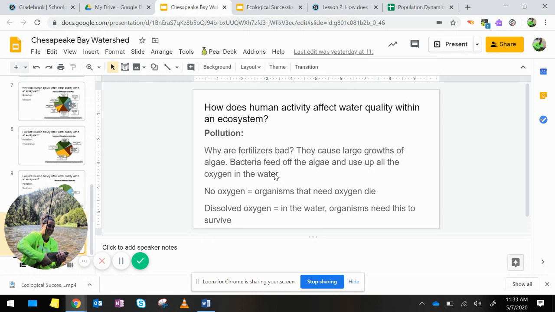So when we start looking at how human activity affects water quality within our ecosystem, we look at things that we are doing that affect our local watershed, which in turn would go into the Susquehanna, which in turn would go into the Chesapeake Bay.